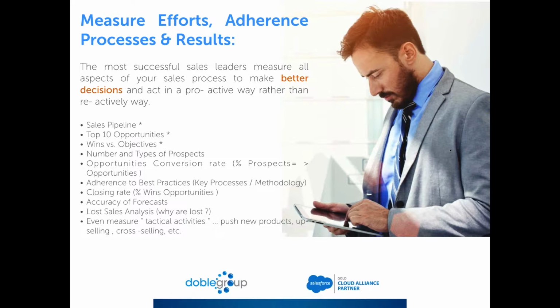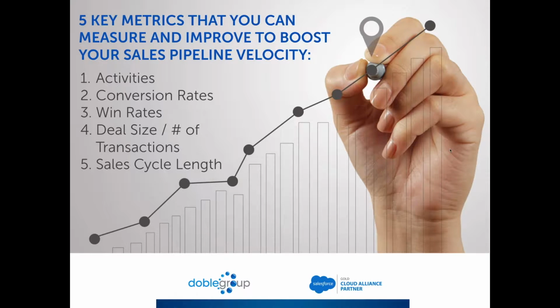Okay, maybe their target has to be lower. But if the opposite is happening, maybe their target has to be higher. So you need to make sure that you're looking at the bigger picture so that you can know if they're actually doing a good job or not. And of course, look at the sales cycle length. How long is it taking?